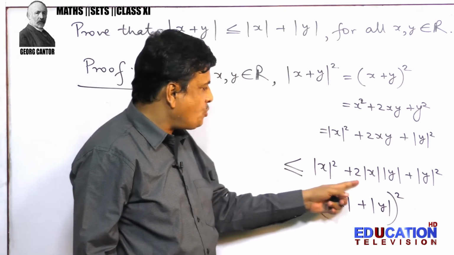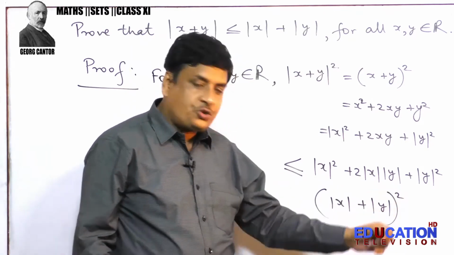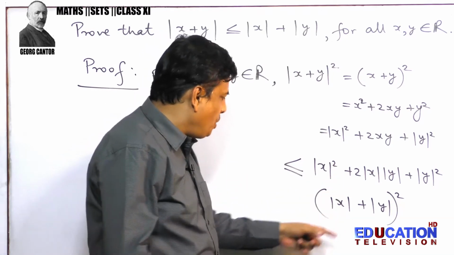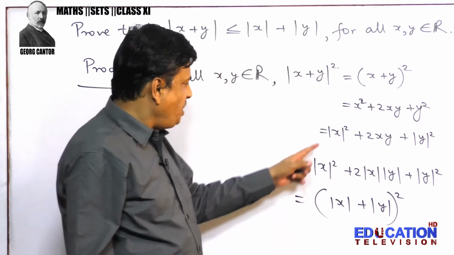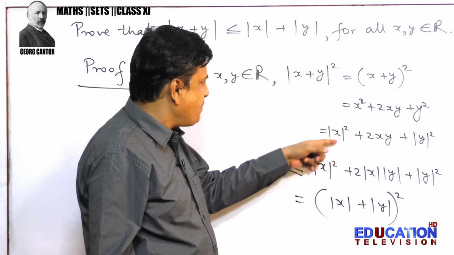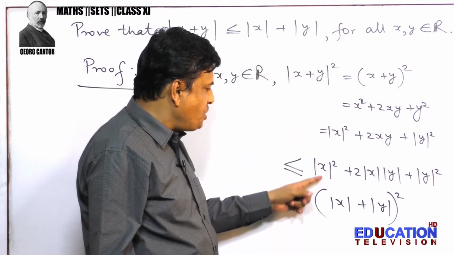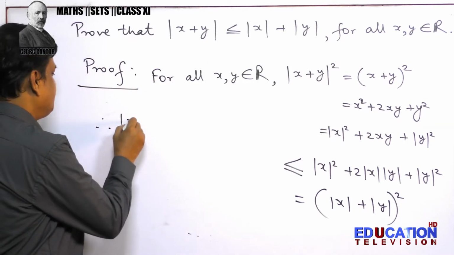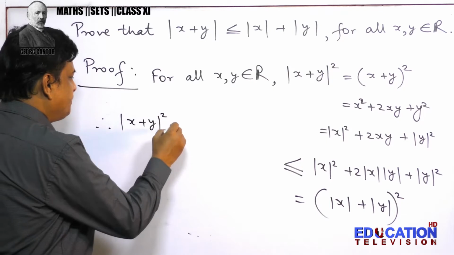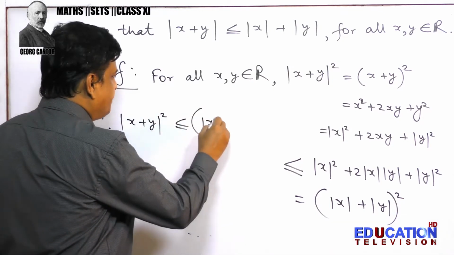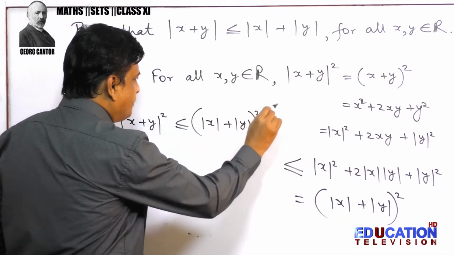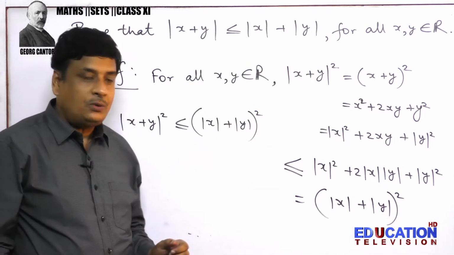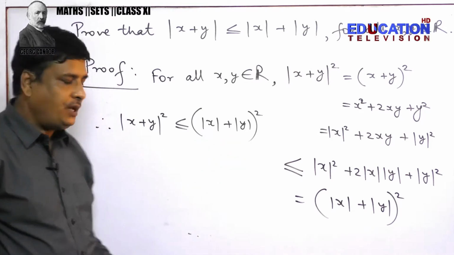As being in the form a square plus 2ab plus b square, it is whole square of a plus b, whole square of modulus x plus modulus y. So these two are equal. Equality or inequality occurs only between two steps. This equality occurs between these two. So when from the beginning we compare, square of modulus x plus y is less or equal to square of modulus x plus modulus y.